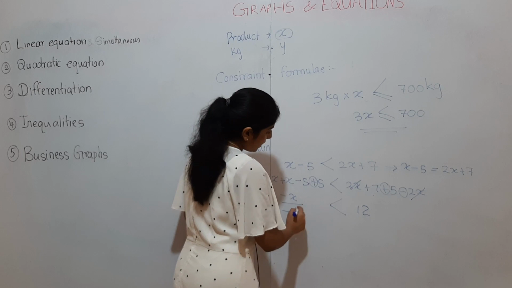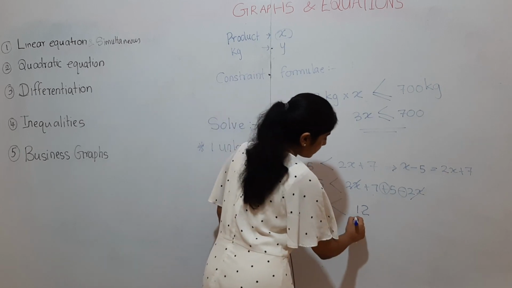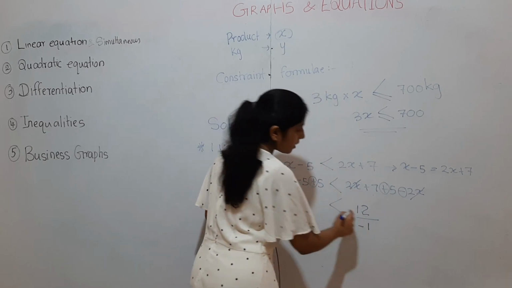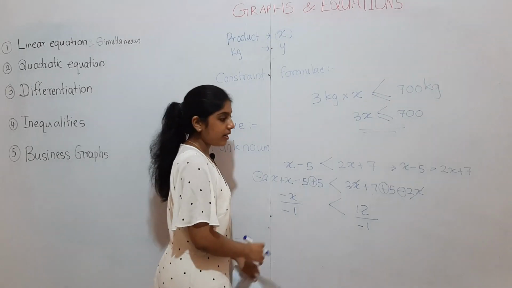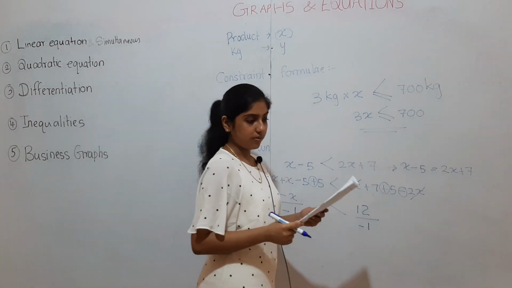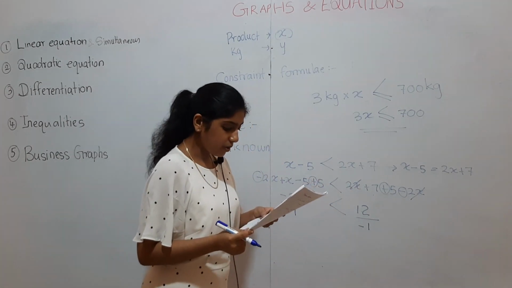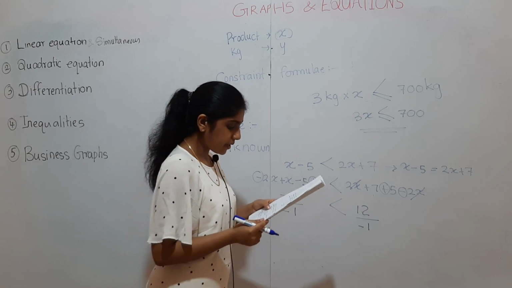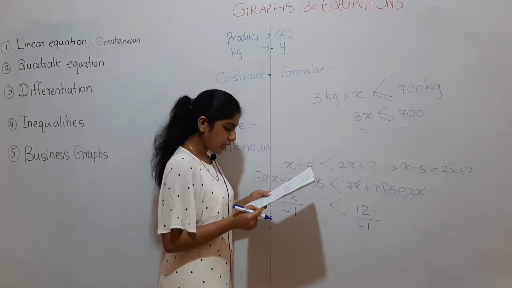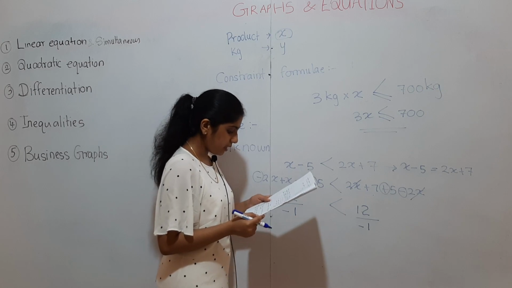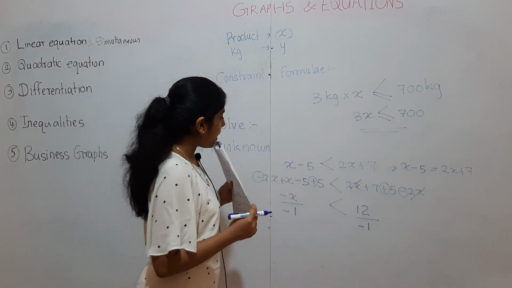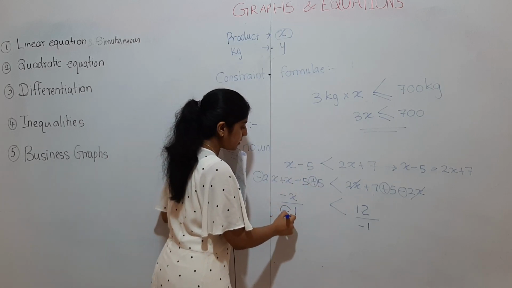So if I divide this side by minus, this side also I must divide by minus. Now see the second rule. Multiplying or dividing by a positive number will not change the sign of inequality. Now I am dividing by a minus sign.